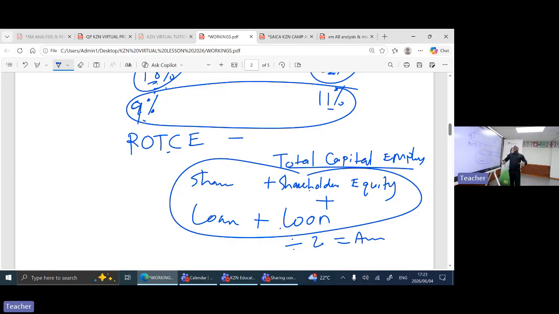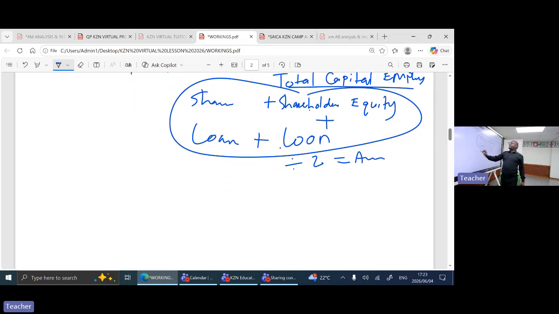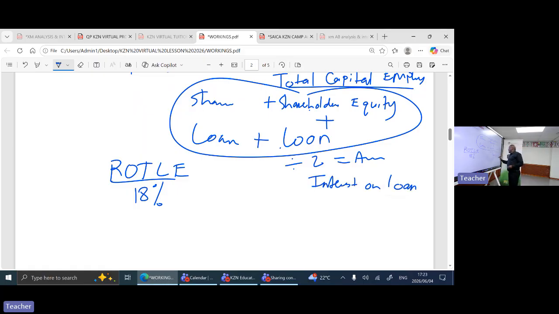I said this one checks, are we using our loans efficiently in the business? So this is why, in the comment, we are going to be given, for example, 18% as our ROTE. And then it must be compared with the interest on loan. This is what we are paying in the banks.